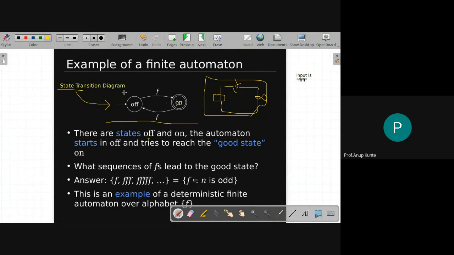We already had some notion of what we are counting here. We are counting how many times this flip action is taking place, and only for odd counts will the system glow the bulb.